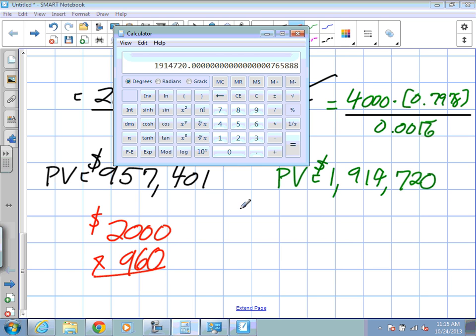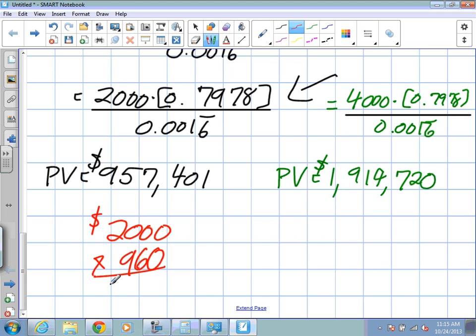Times 2,000. So we actually took out, $1.92 million. So 1,920,000.